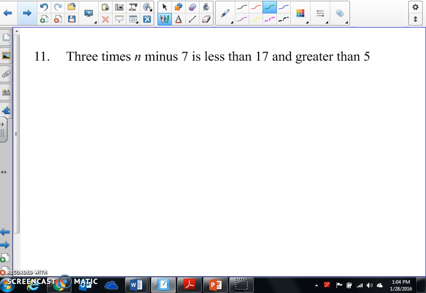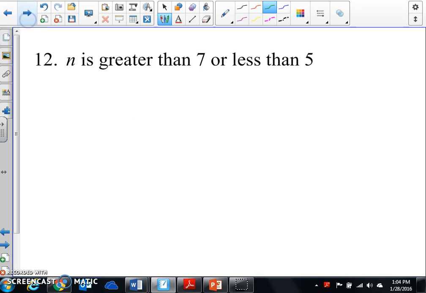All right, this is what we did on our warm-up today. So 3 times n minus 7 is less than 17. And it's greater than 5. N is greater than 7.